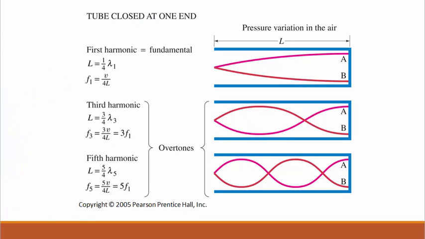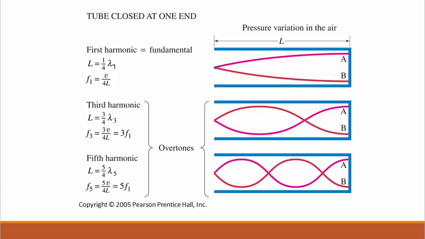Things change a little bit when we have a closed pipe, or one that is closed at one end, because there we have a node on one end, but we don't have a node at the closed end. We have an antinode. So rather than having half a wavelength here, that's an ugly loop, we get just a quarter of a wavelength.